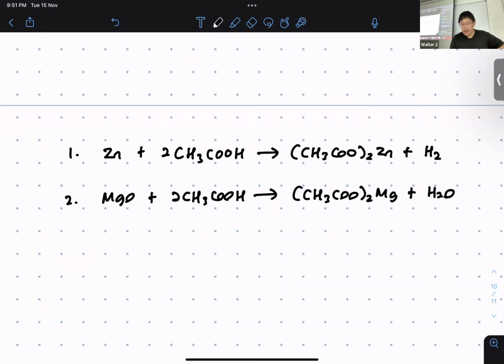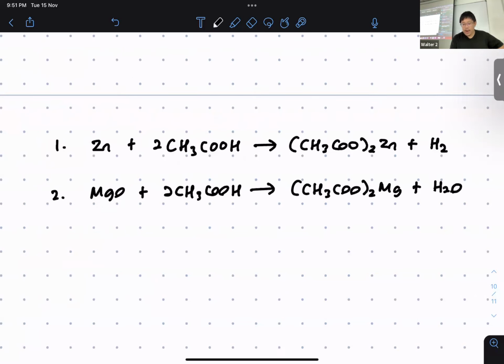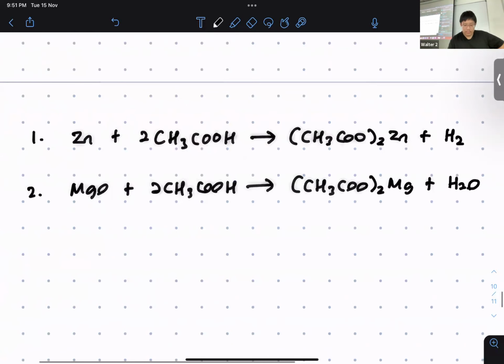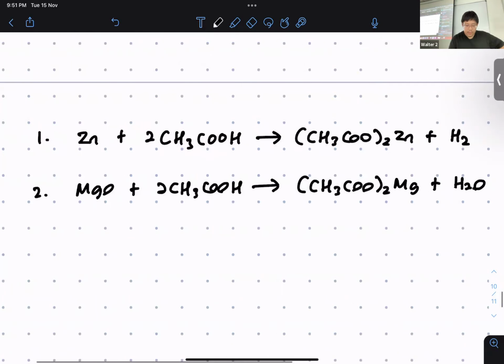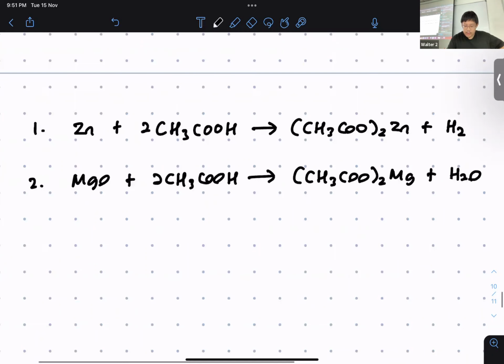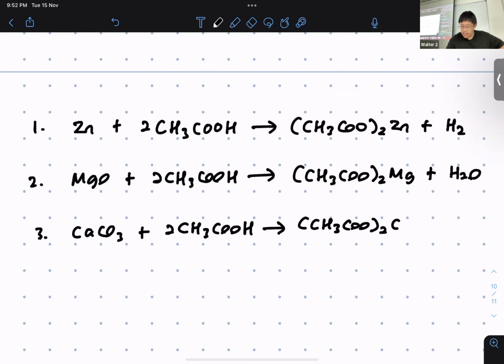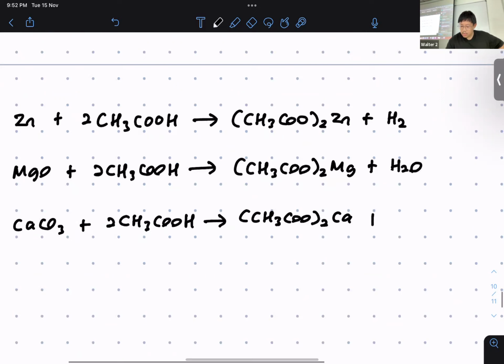This proves that ethanoic acid can react with a basic oxide. And then for the third one, let's take calcium carbonate. Calcium carbonate can also react with ethanoic acid to give you calcium ethanoate and water.